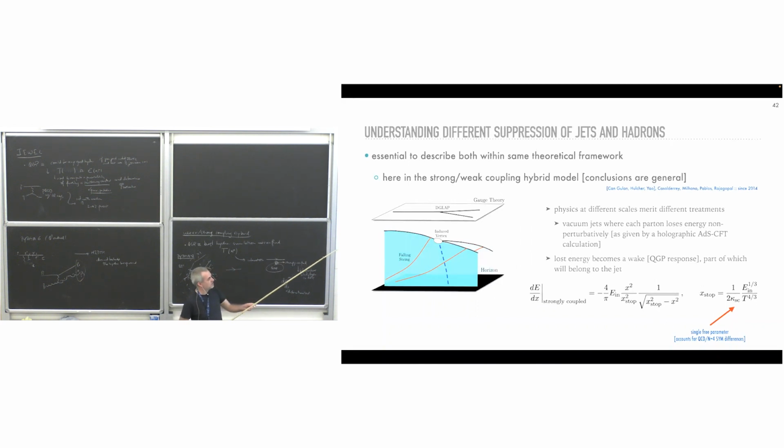So what we do in the hybrid model is that this is our real theory, that everything happens perturbatively. We don't know how to do the calculation of the interaction non-perturbatively, so we do that on AdS5, where this energy loss is just a string that falls towards the direction 5, where there is a black hole that is the temperature of the system.